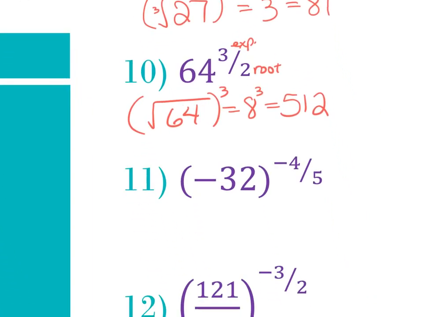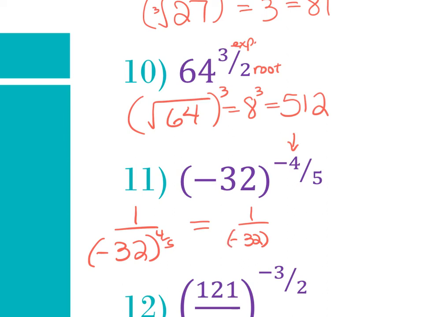Over here, negative exponent, so let's immediately take care of that. Move the entire expression to the denominator. Keep that negative 32. Now we will find the 5th root of negative 32, and then raise that to the 4th power.